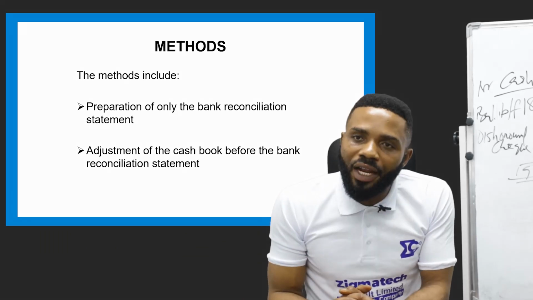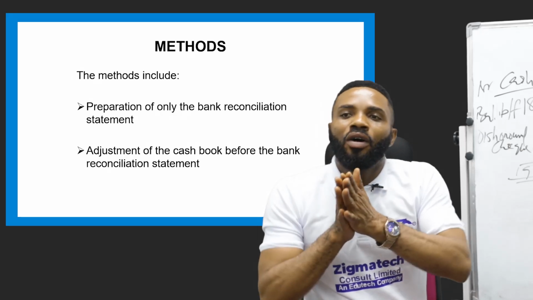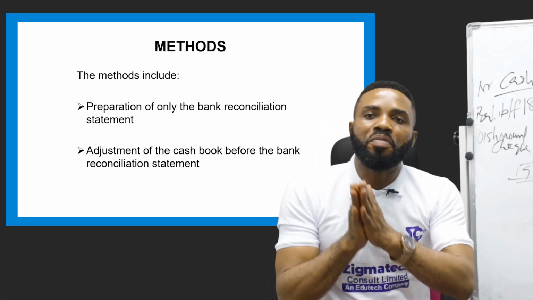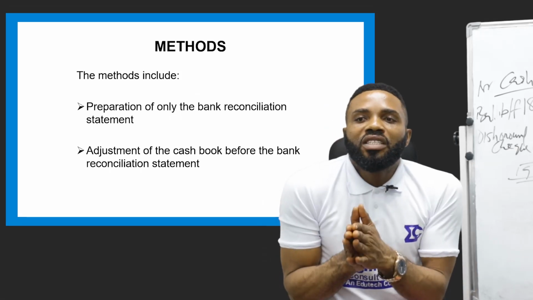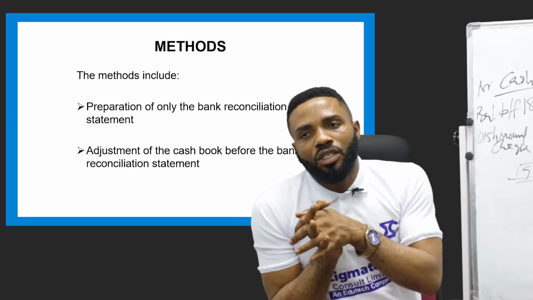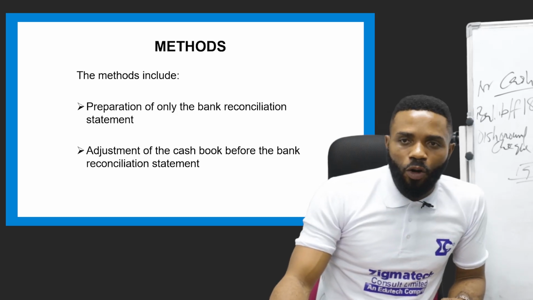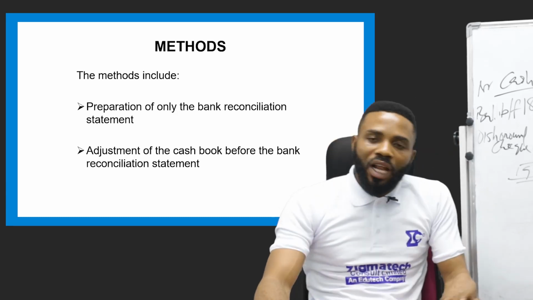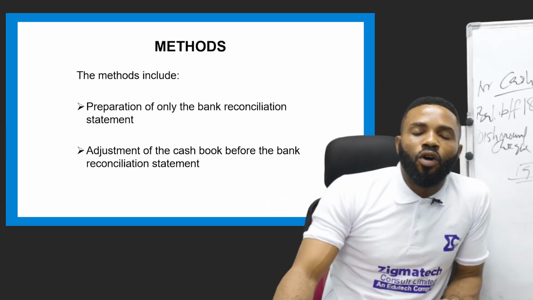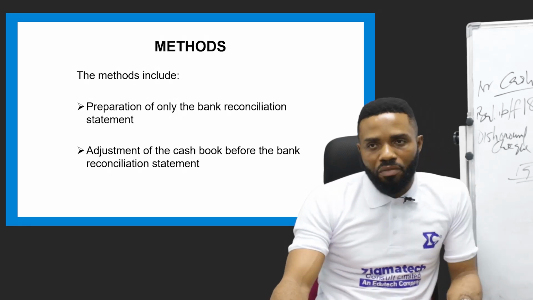Method 1 is centered on only the bank reconciliation statement. In this case, the bank reconciliation statement will be prepared either with the balance of the cash book or with the balance of the bank. Meanwhile, there will be no adjustment of the cash book. So that's all that you need to know under how to prepare bank reconciliation statements.